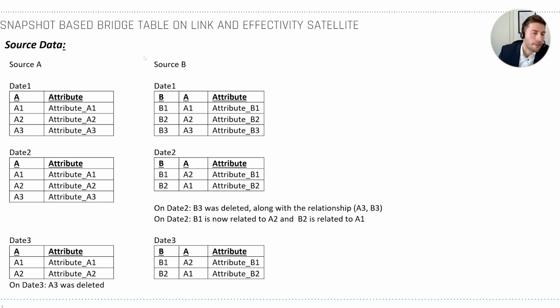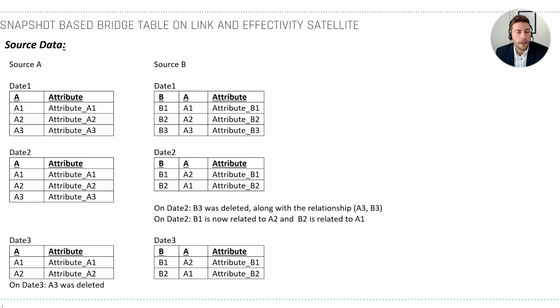On the right-hand side, we have another source table. This is source B, and source B is related to the business object A, as you can see here, right? Here we see a relationship between B and A. On day 1, we have the relationship between B1 and A1, B2 and A2, B3 and A3. On day 2, this changes, because B1 is now related to A2, B2 is related to A1, B3 is completely gone now, and day 3 looks the same as day 2.